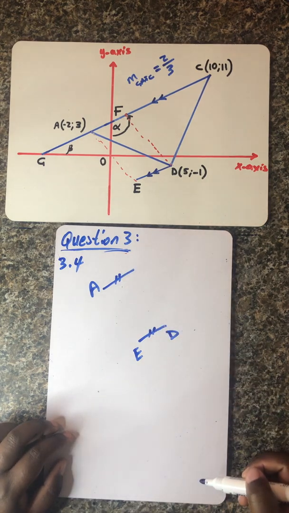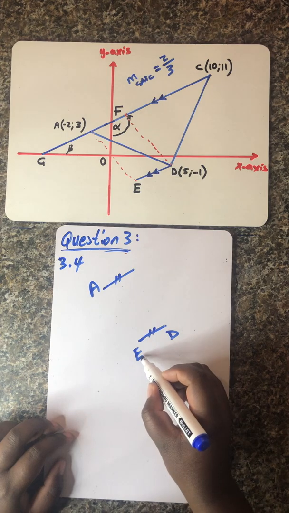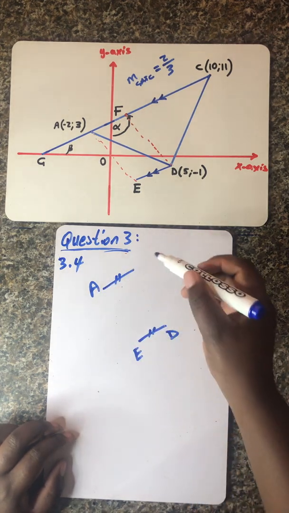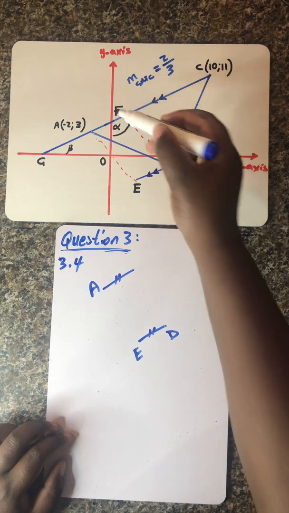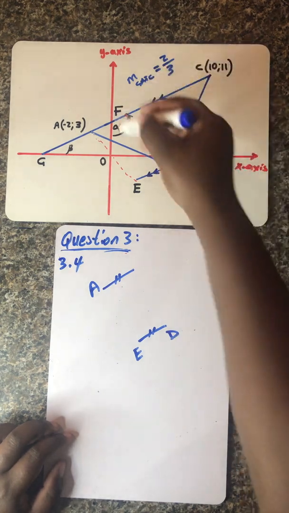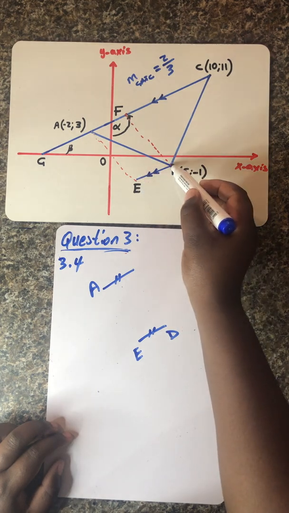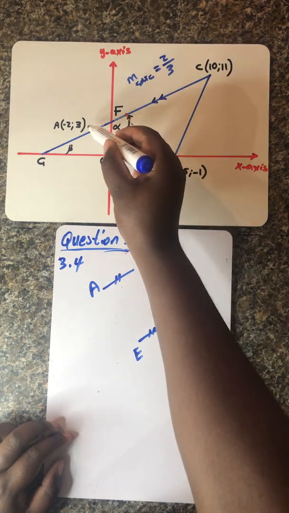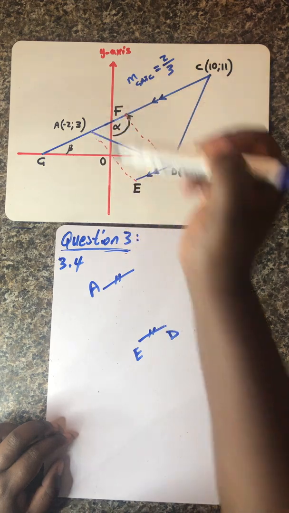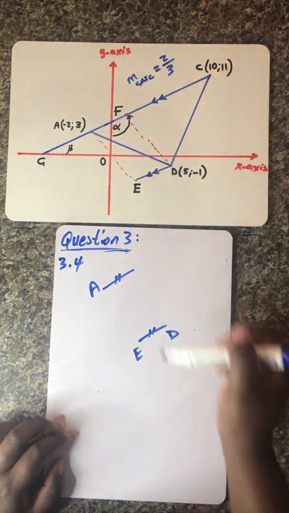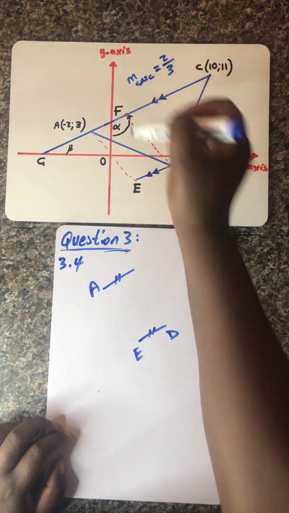Very, very important, ladies and gentlemen. So obviously for this to be a rectangle, you should have a line somewhere there. They've given us a hint that it's in the first quadrant. So that line from there to there has to be the same length as from there to that B. We don't know exactly where B is, but it's somewhere there. I've just estimated it to be somewhere there.